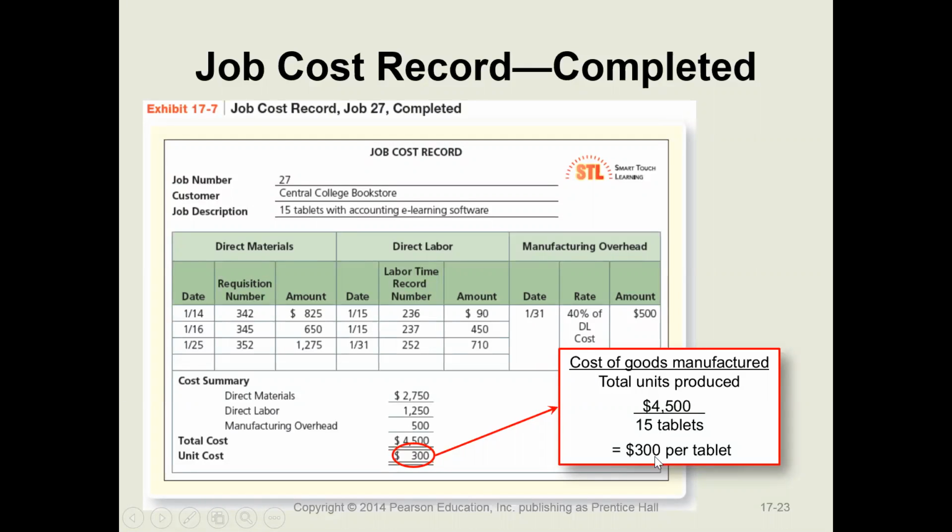Divide by 15, and you get $300 per tablet. So that's the cost of making this tablet with this accounting software built into it. $300 per tablet is the unit cost. So we know we have to sell these for at least $300, and we want to sell it for more, obviously, if we want to make a profit.